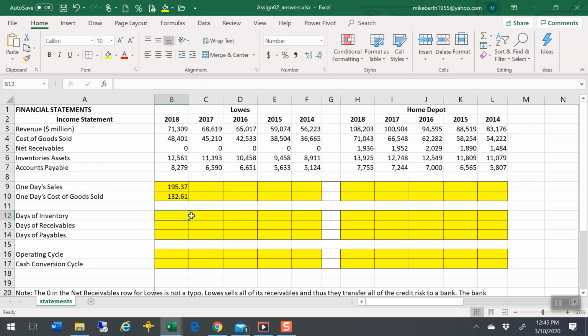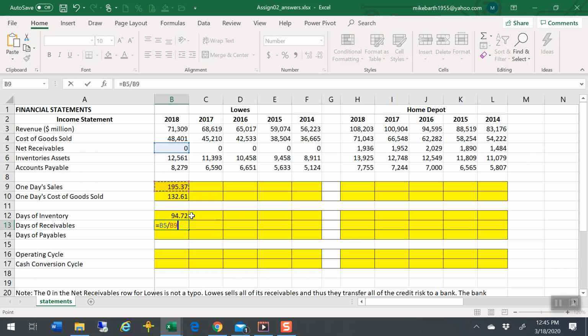Okay. Days of inventory would be inventory divided by 1 day's cost of goods sold. So B6 over B10. Days of receivables. We take the receivables and divide those by 1 day's sales.